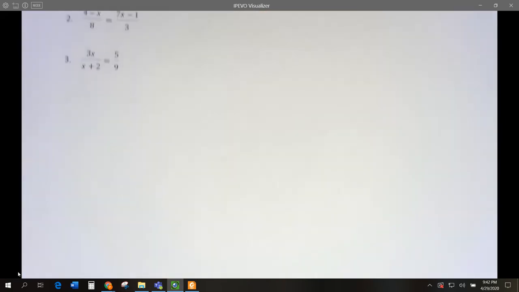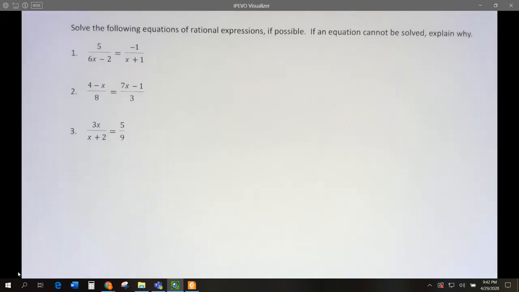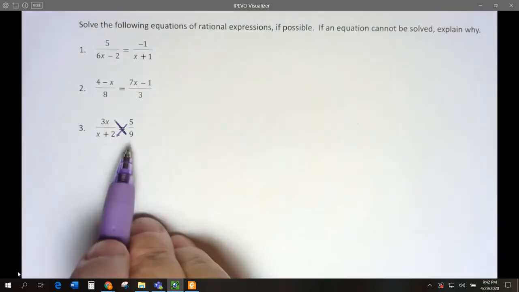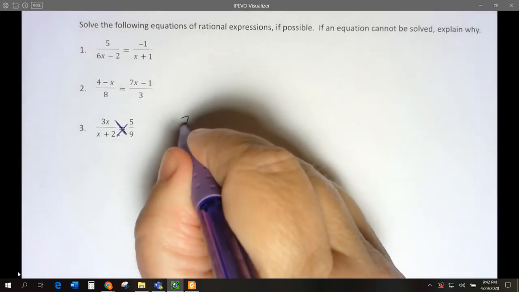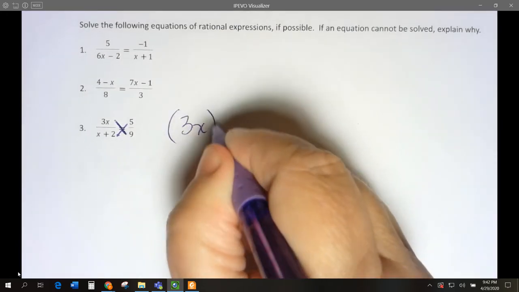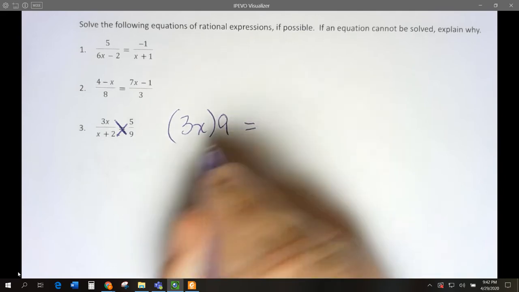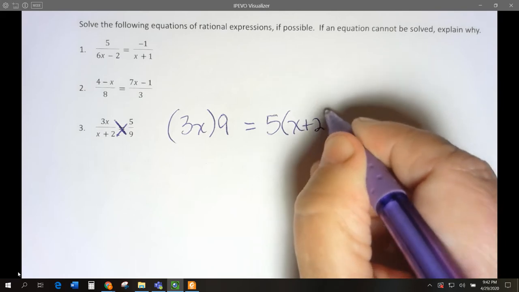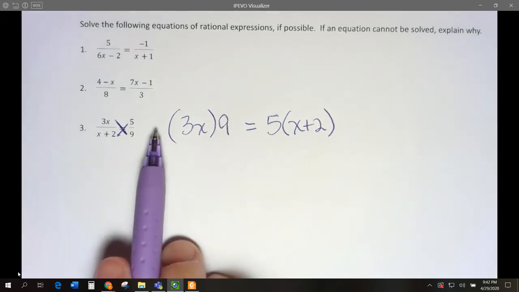Let's go on to number 3. Once again, we have to do our cross multiplication. So we'd have 3x times 9 equals 5 times x plus 2. Notice I could have put the 9 over on this side.